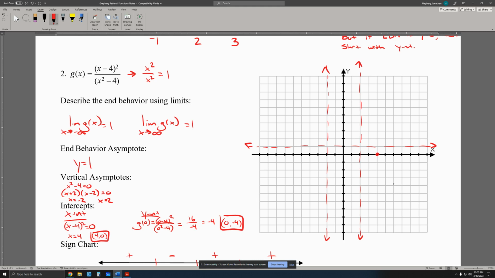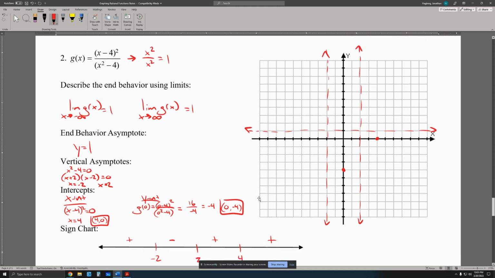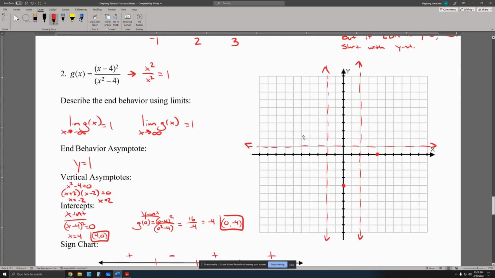And we've got our y-intercept, (0, -4). We know that to the left of -2, the function is positive, so it must be up here. Sketching that, we can see that it approaches positive infinity as we approach -2, and it's going to approach 1 as we approach negative infinity.